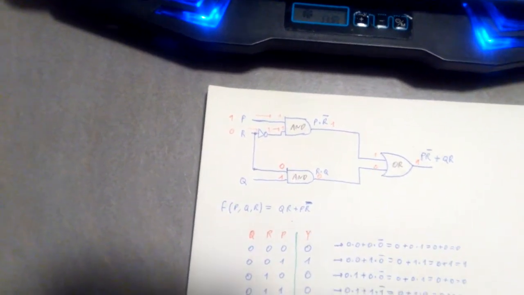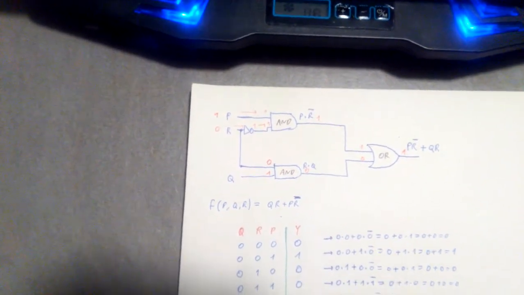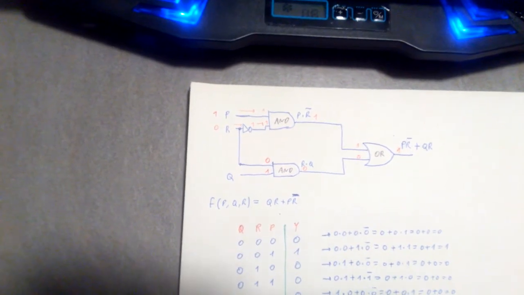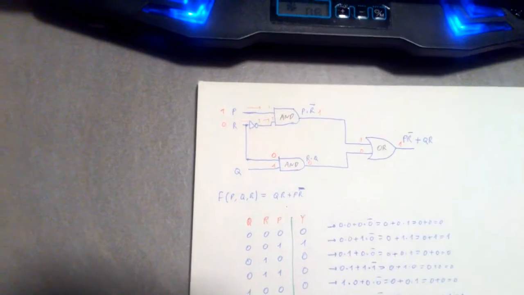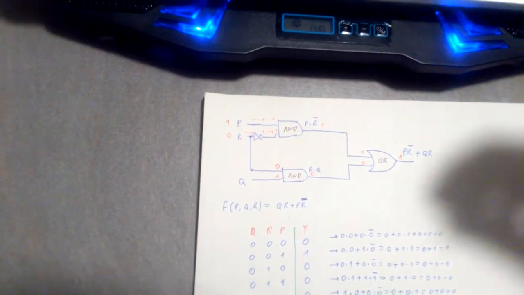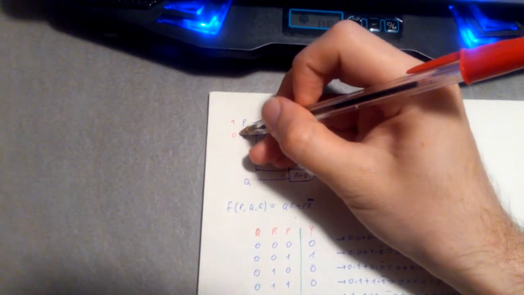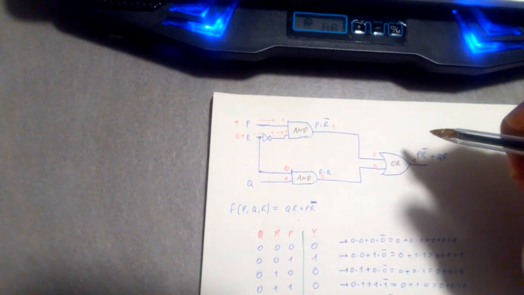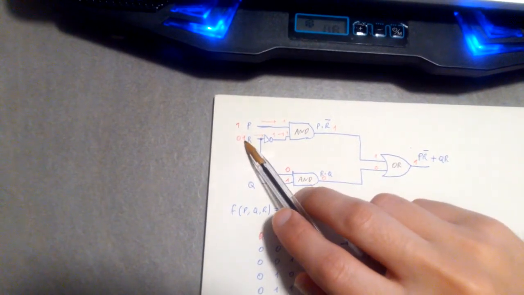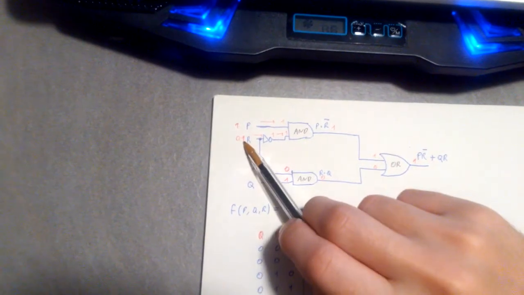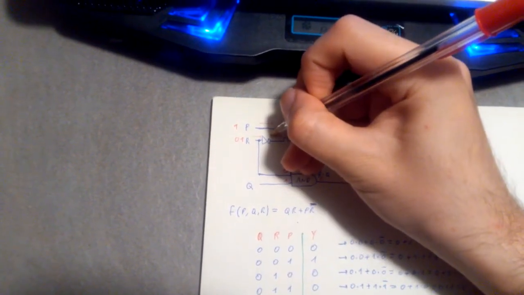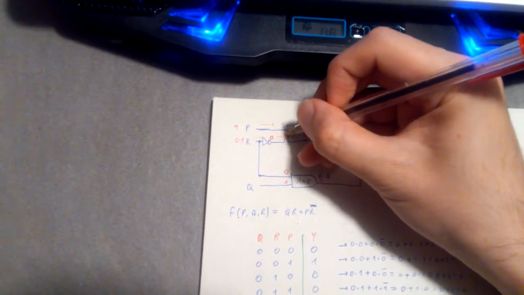But notice what happens. Let's suppose that now I'm going to turn this one to 1. So I'm going to have 1 here. If I get 1 here, then I'm going to get 0 here, because of the NOT.